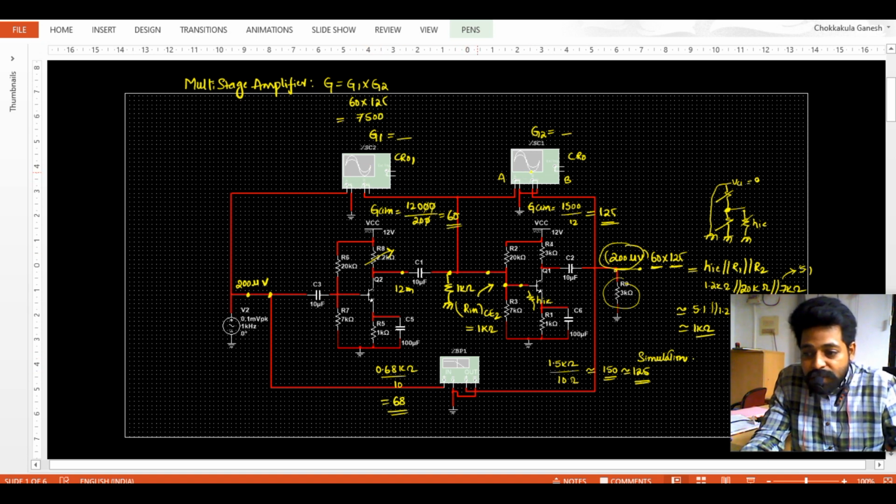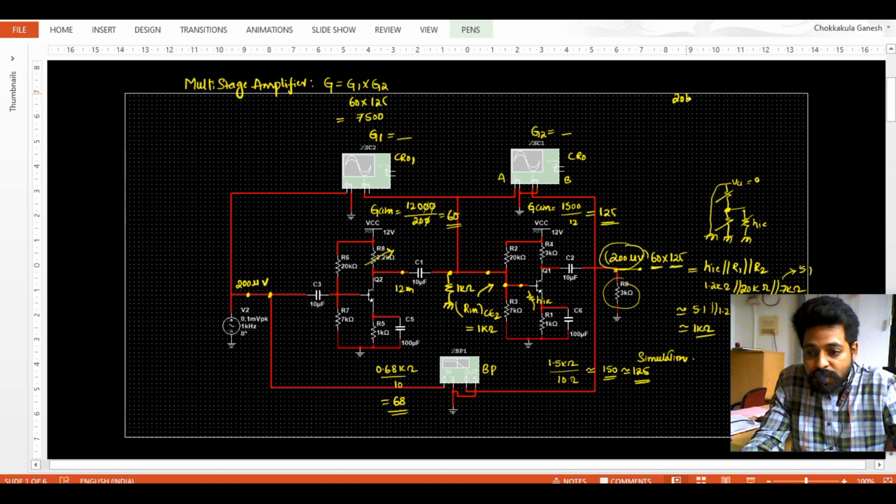So we have verified through CRO, and we'll be verifying through the bode plotter also. So here I'm keeping a bode plot.